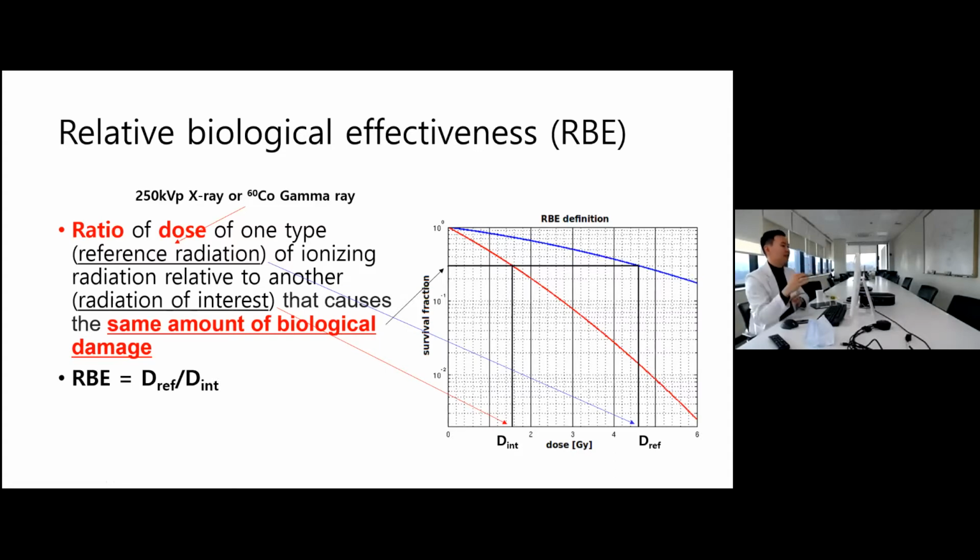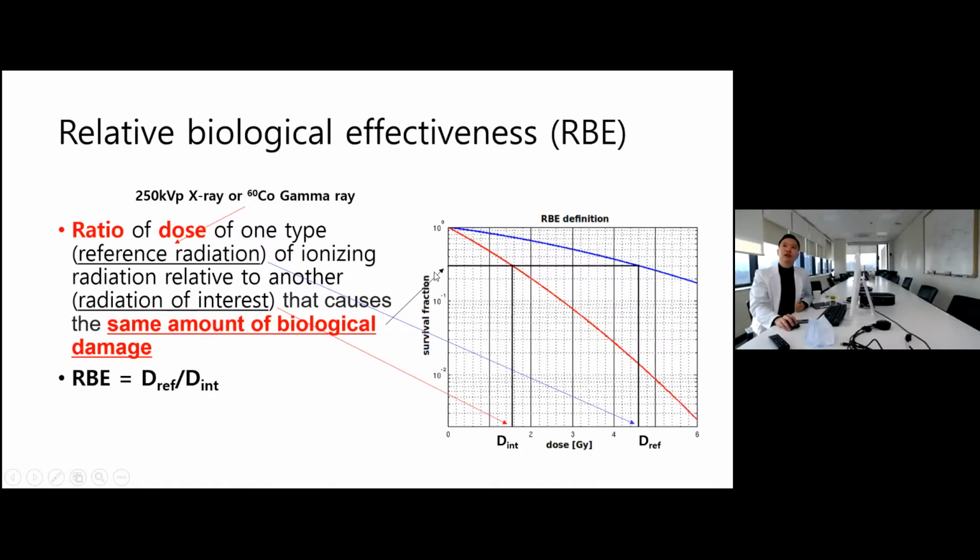The definition of relative biological effectiveness is a ratio of the dose of one type, which is a reference radiation, and mostly 250 kVp X-rays or cobalt 60 gamma rays are used for the reference, relative to another, which is the radiation of interest that causes the same amount of biological damage.